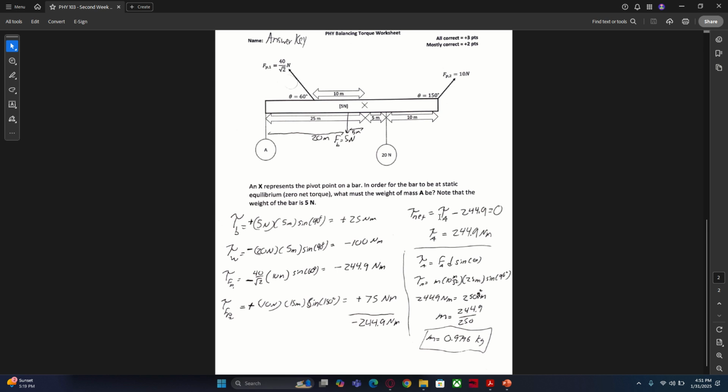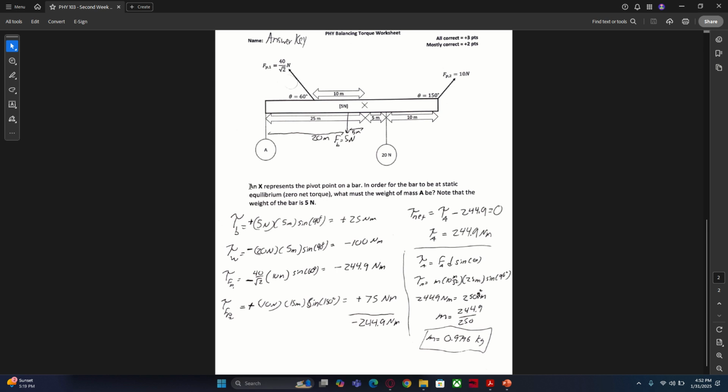The reason why torque A is positive, or we're not including a negative sign in front of it, is because torque A is going to be from a force of gravity. Gravity is going to be straight down, and as we bend it toward our point of rotation, this force from object A would cause counterclockwise rotation. Hence, positive torque of A minus 244.9.